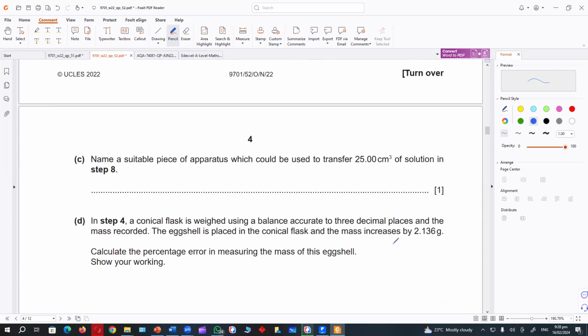Name a suitable piece of apparatus which could be used to transfer 25 cm cube of solution. So should we mention pipette? Yeah.